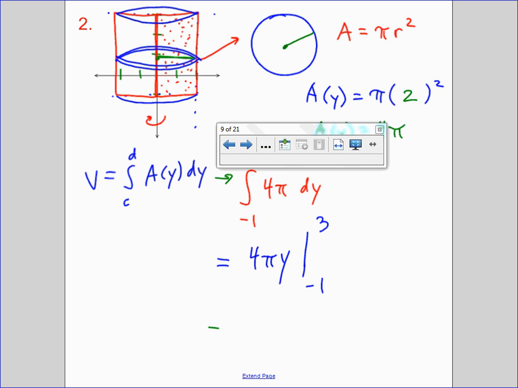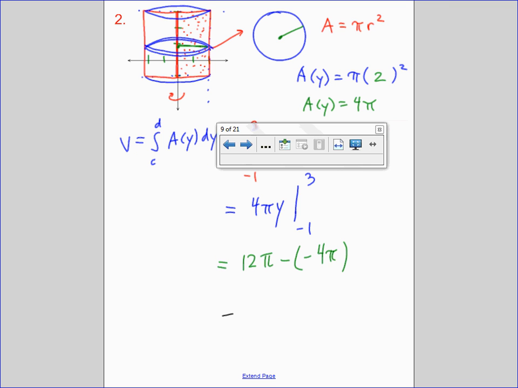So I'm getting 4 pi times 3 is 12 pi, minus 4 pi times negative 1 is negative 4 pi, which means I'm getting 16 pi. Are you guys getting 16 pi? How can we check to see that our calculus method is correct? How can we check this? Riley? We can plug in our radius into the cylinder volume equation.